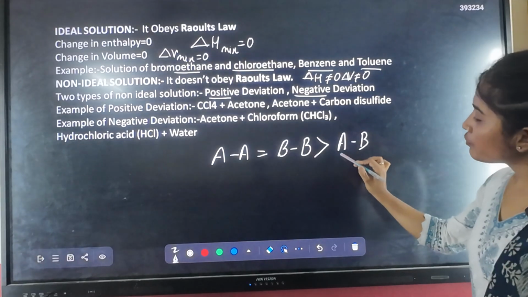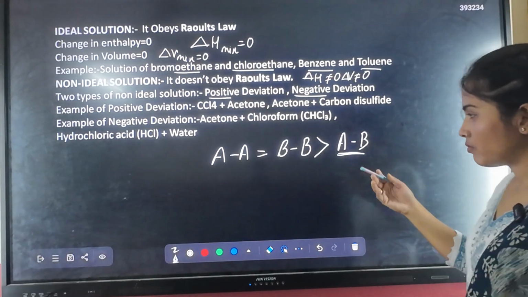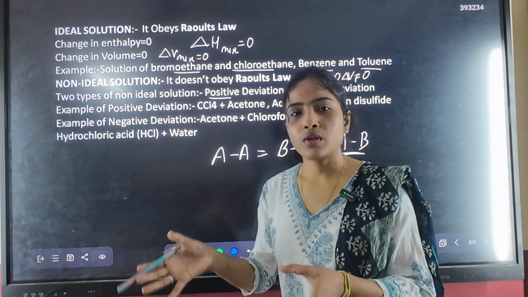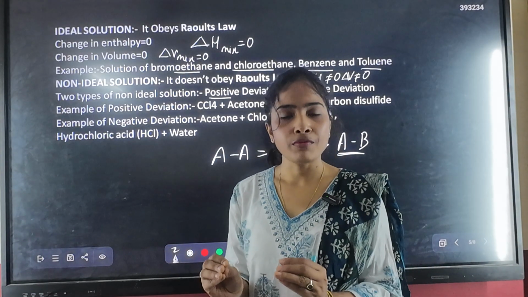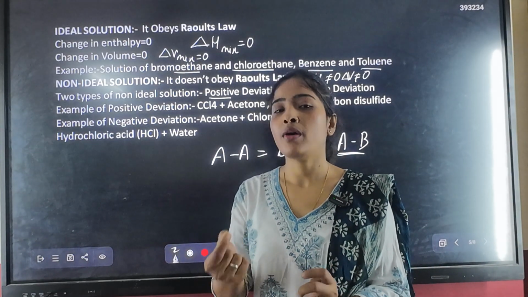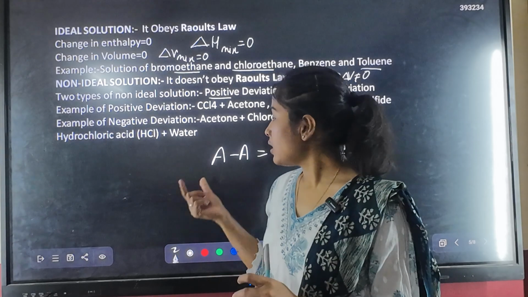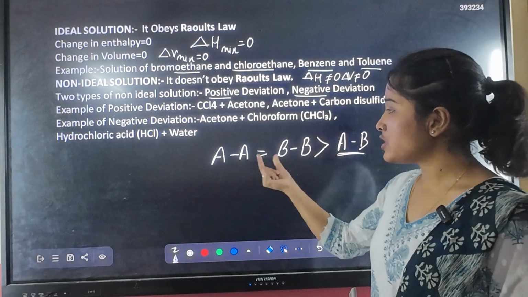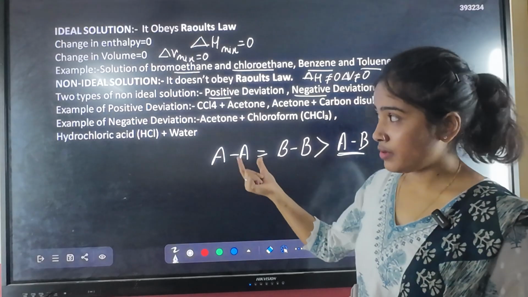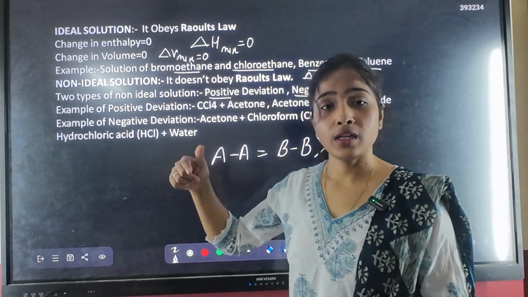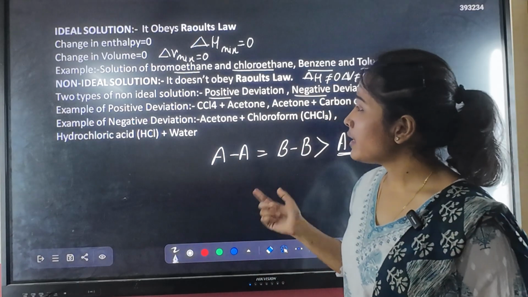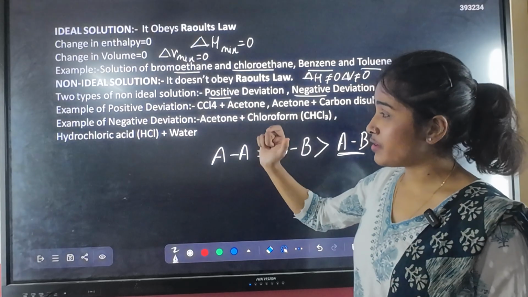My solution will form AB in the particular mixture. My AB bond will get formed, but within a small amount of temperature rise, they will again break their bond and come back to their original state. So there will be a deviation in the graph, and it will show the positive deviation.